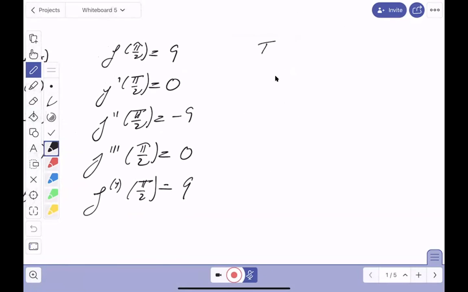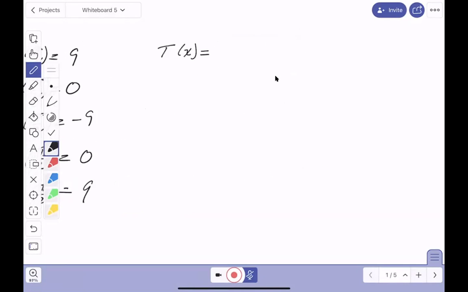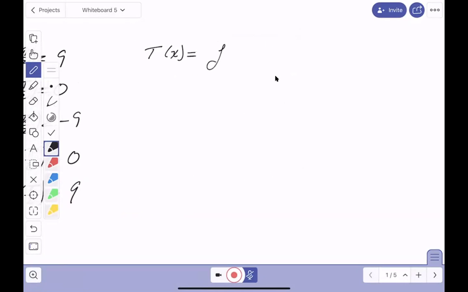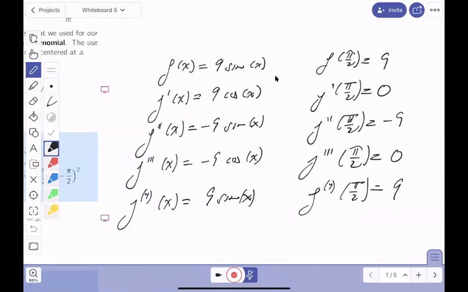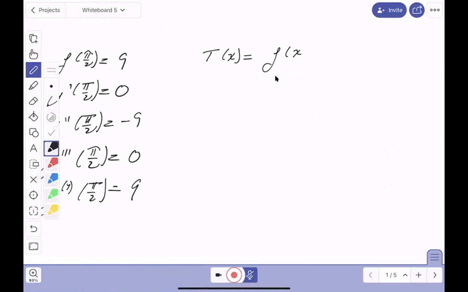The Taylor polynomial, I'll just put down t of x. We'll start it off. And I'll tell you what this looks like. This looks like f of x. Well, you know what I should do here? I think they didn't ask for a Taylor polynomial. I got to go back over here. They asked for T2, T3. Let me put that down for you.